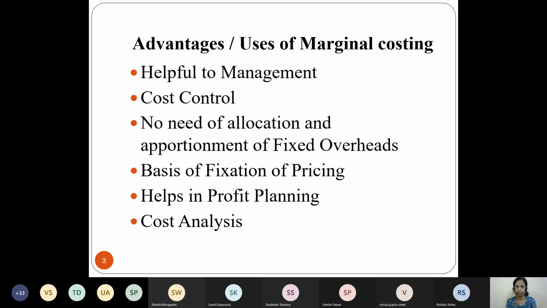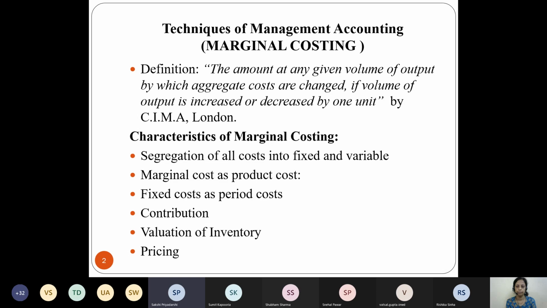Ma'am, when the volume of production goes up, then variable cost also goes up. Total variable cost changes, per unit variable cost is constant. Very good, Sakshi. So variable cost per unit remains constant and it varies, as the name says, in direct proportion with volume of production.